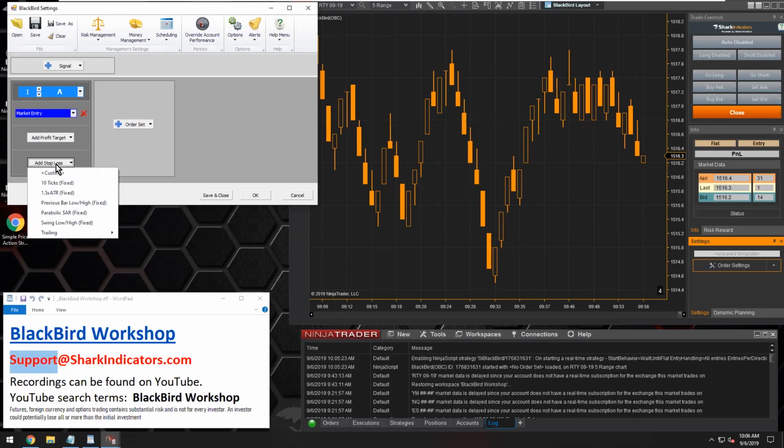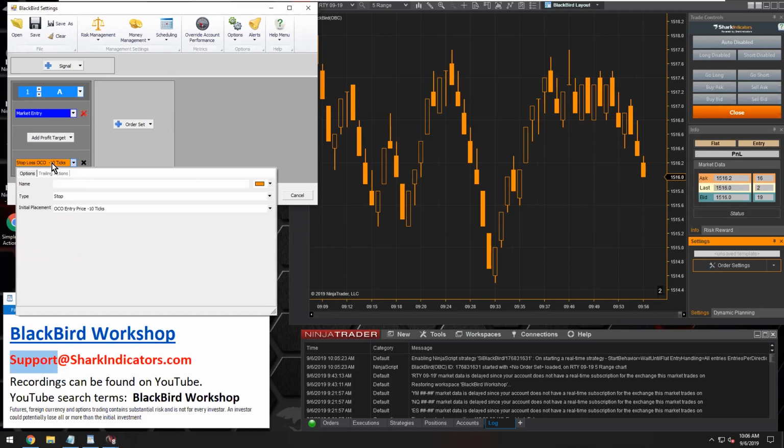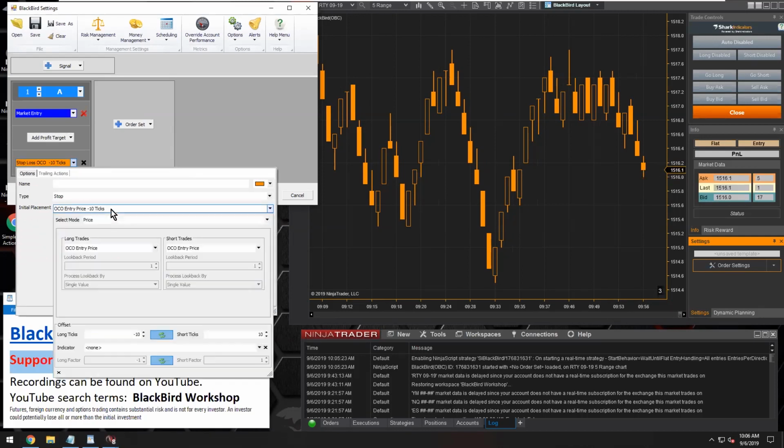So I'm going to use the stop loss here. I'll just use a typical standard 10 tick stop loss. And of course, you can always adjust this if 10 ticks isn't enough. We could increase this to 15 ticks or whatever.